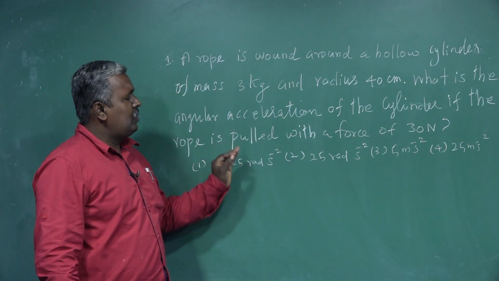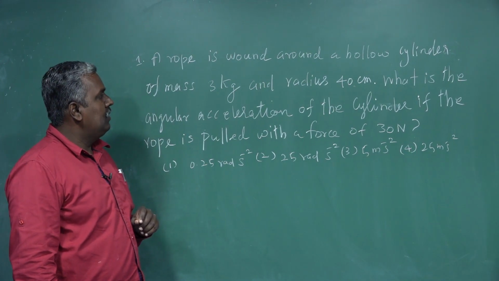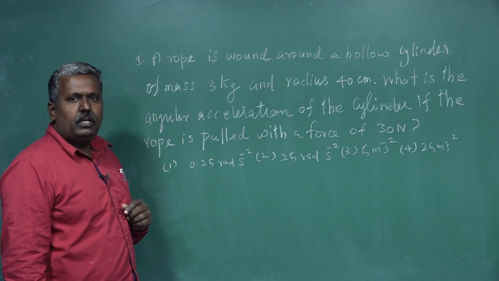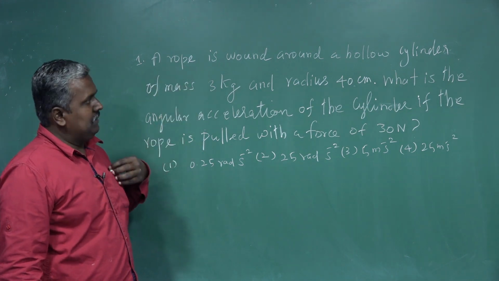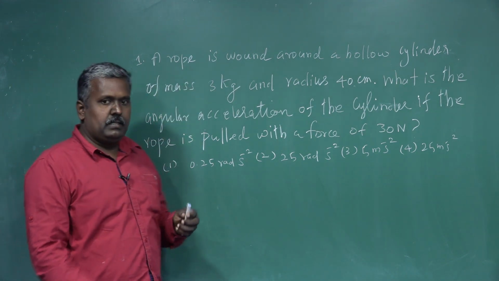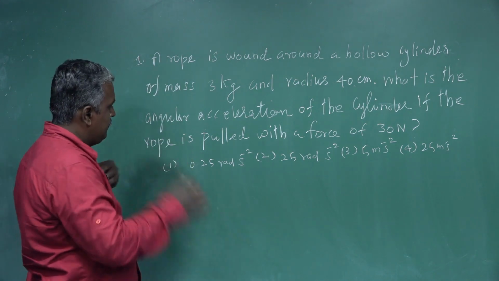Now we are going to discuss one simplest problem relevant to angular acceleration. A rope is wound around a hollow cylinder. Listen here.